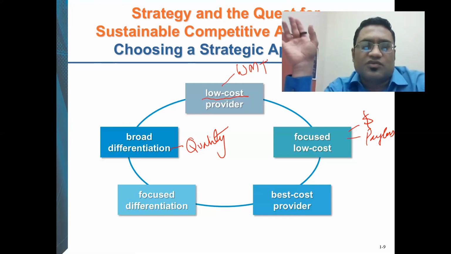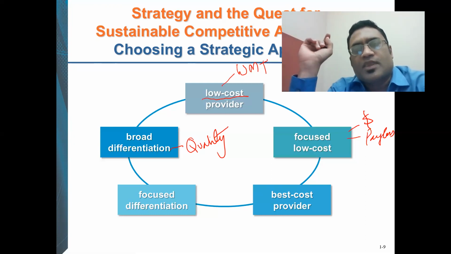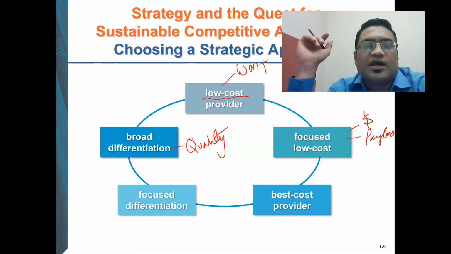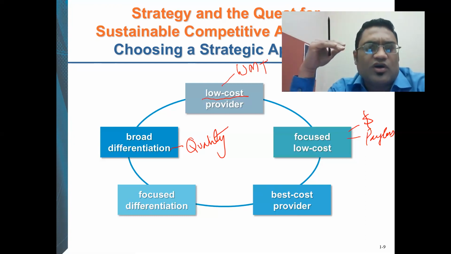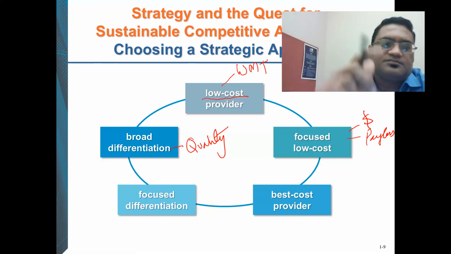So you are catering to a large audience and offering lots of products, versus focused low cost, which is focused on a certain thing, like dollar store focused on cheap items less than $1, Payless focused only on cheap shoes.